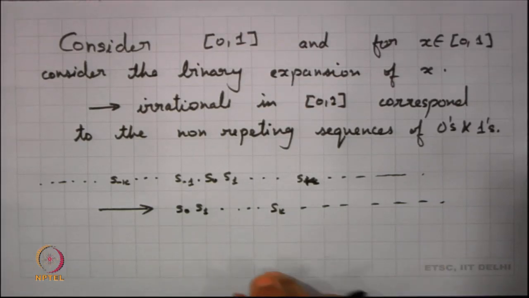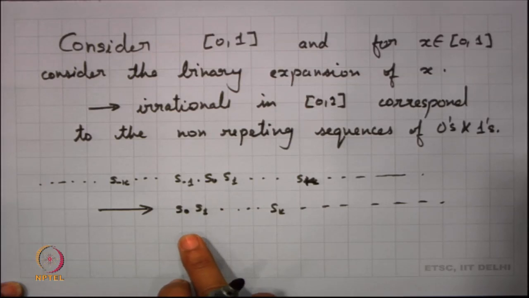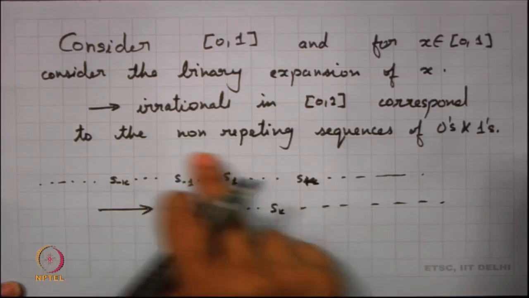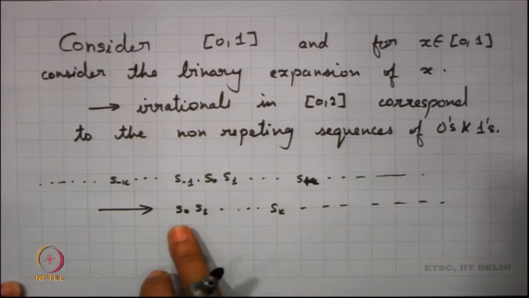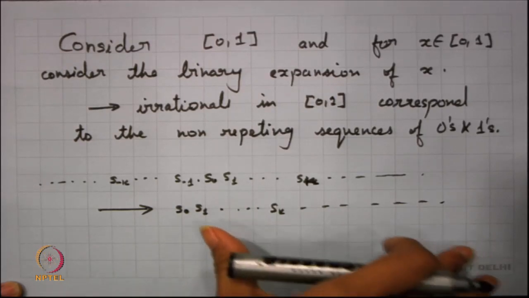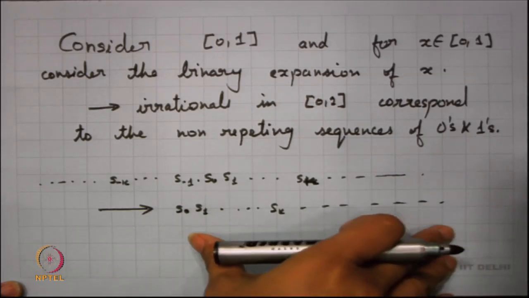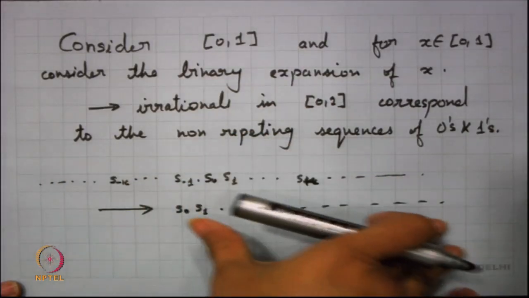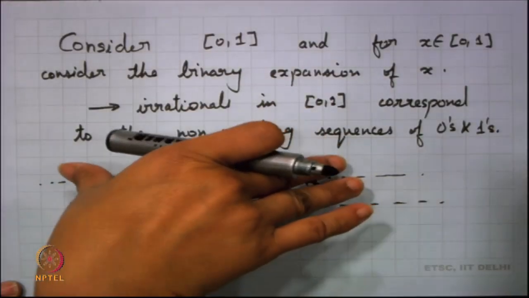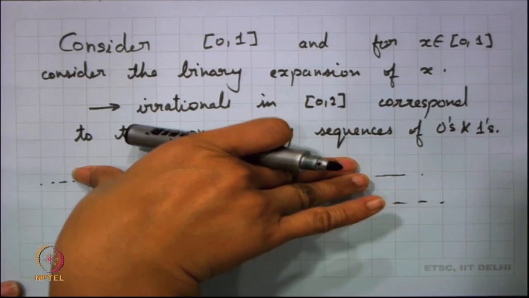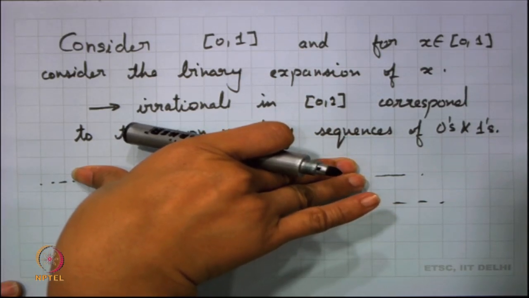Now, again look into the irrationals in 0 1. The irrationals in 0 1 give us non-repeating sequences of zeros and ones; nothing can come back to itself, and if I try to apply the shift map over here, a non-repeating sequence S0, S1, Sk etc. corresponds to a sequence in my space sigma which is non-repeating, or which cannot be periodic.